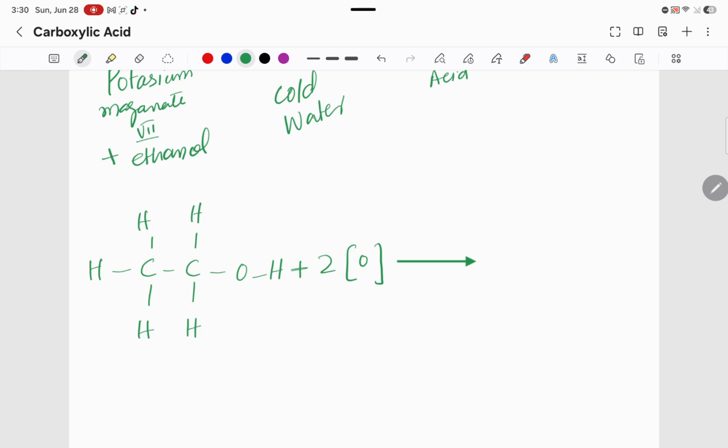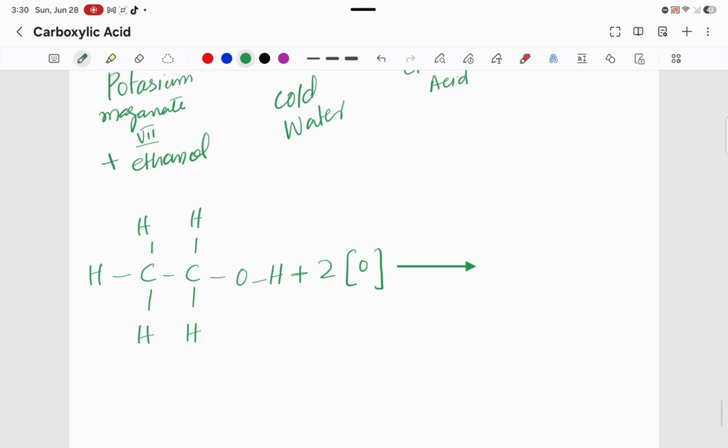So what happens? This thing will remain the same. So I'm just going to write 2 carbons and their respective hydrogen here. One oxygen will be added here and this OH group will remain at its place.